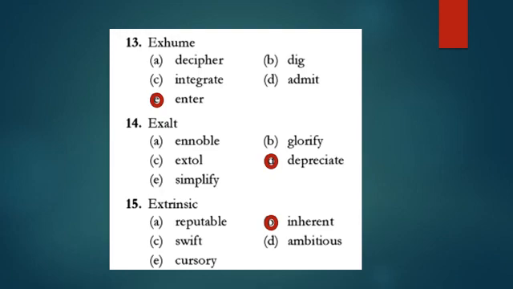Exalt means praise, glorify. So that's what ennoble, honor, dignify, extol, praise mean. So the opposite will be depreciate. Extrinsic, external. And the opposite of that will be inherent. What does cursory mean? Not detailed, hasty. So exhume, enter; exalt, depreciate; and extrinsic, inherent.